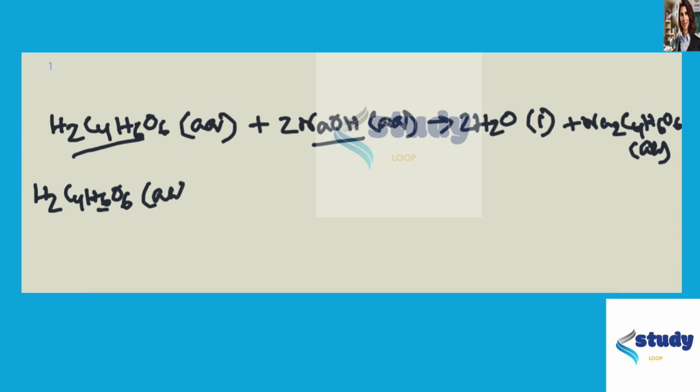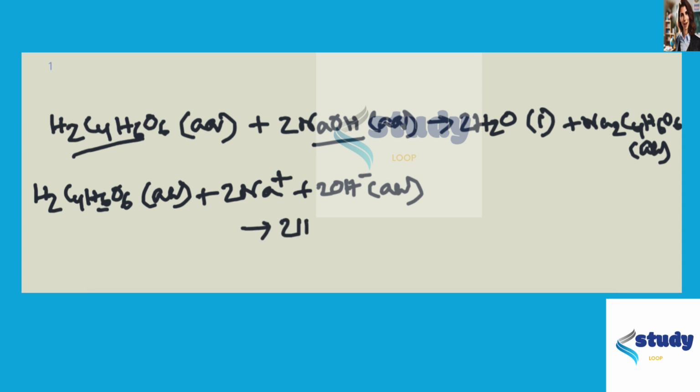So being a weak electrolyte it will be in the molecular form, then the sodium hydroxide will be broken into 2Na plus and 2OH minus, and this will give us H2O, being a liquid, in the molecular form, and this one is our strong electrolyte, which means we will write it in ionic form, 2Na plus and C4H6O6 minus.